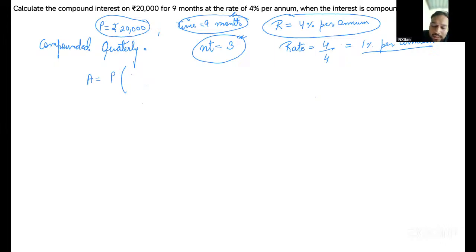And in quarterly, the rate will be divided by 4 because per annum is there, no? So per annum, how many quarters will come? 4 quarters will come. That's why the rate will be divided by 4. Understood, Joshua? See, if you are playing with this, you have to play with this also, like rate. Otherwise, you will get wrong answer.